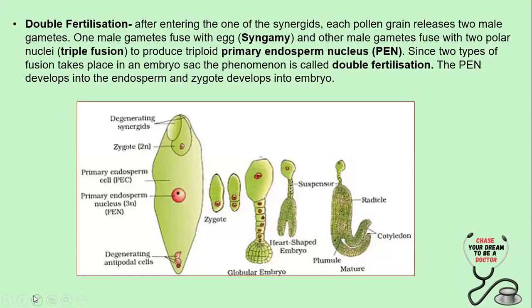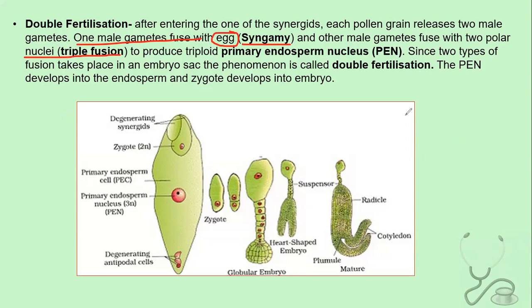Double fertilization event. What is actually the double fertilization event? Double fertilization means, as we have already said, one male gamete is going to fuse with the egg. That process of fusion of a male gamete with the egg is called syngamy, and the other male gamete fuses with the polar nuclei in the center, which is called triple fusion.